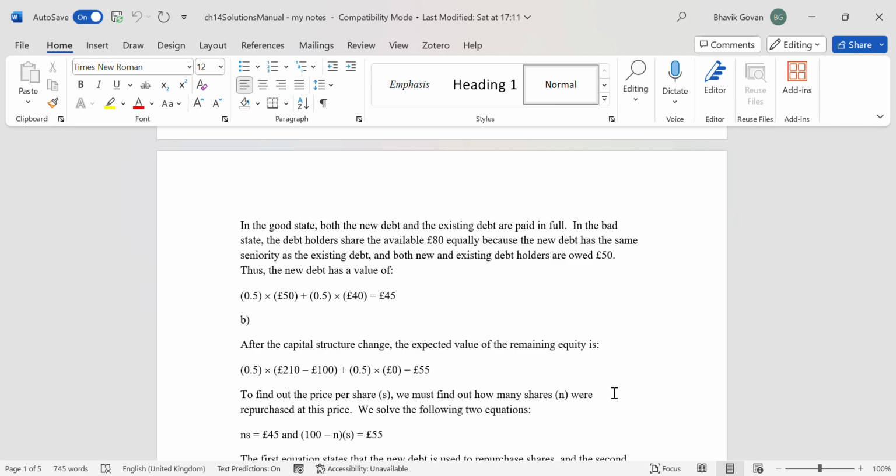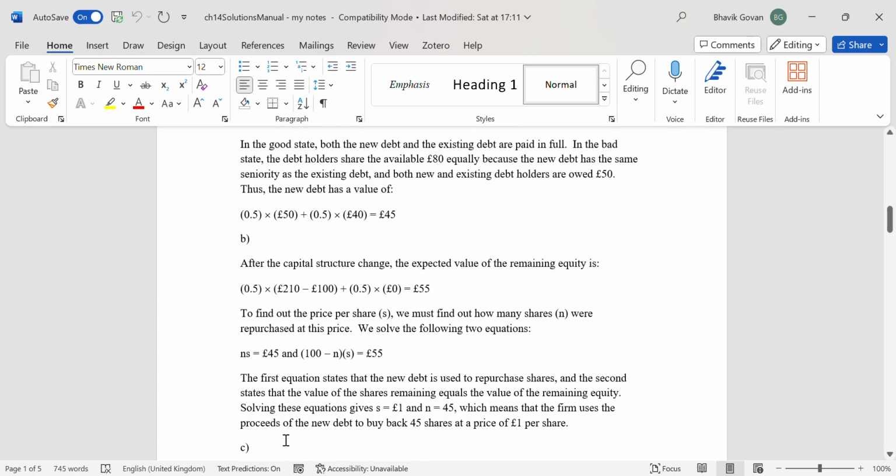Now, to find the price of the shares, we must first find out how many shares were repurchased at this price. So they basically solve the following equations and they tell you what these equations mean. The first equation, NS equals 45, states that the new debt is used to repurchase shares. The second equation, 100 minus N all times S equals 55, basically says that the value of the shares remaining equals the value of the remaining equity.